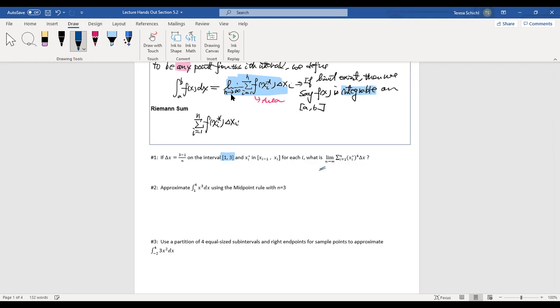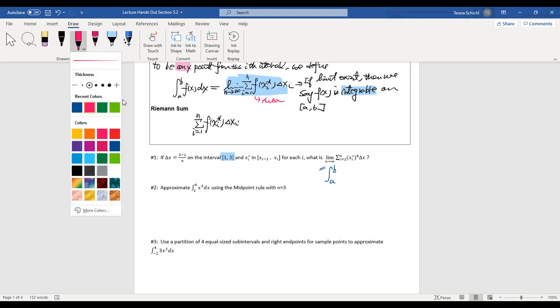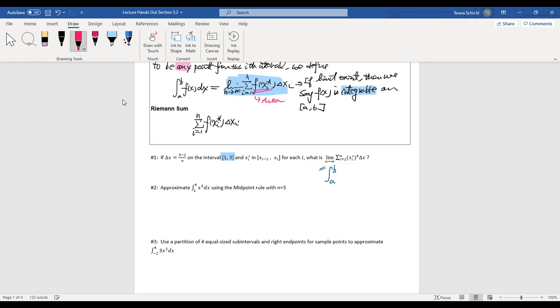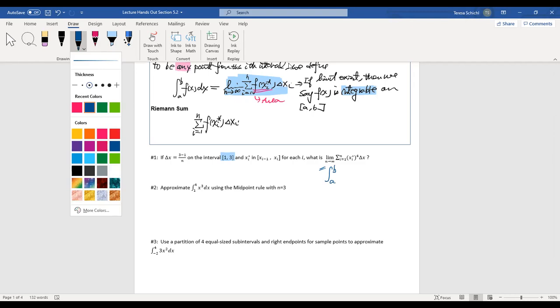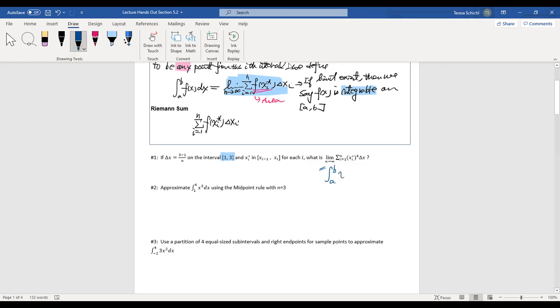So this limit is equal to the integral from a to b. Then what is your function f? Take a look here: this is what we did, we said this is f of xi. So what is your f function? Your f function is x to the 4th.